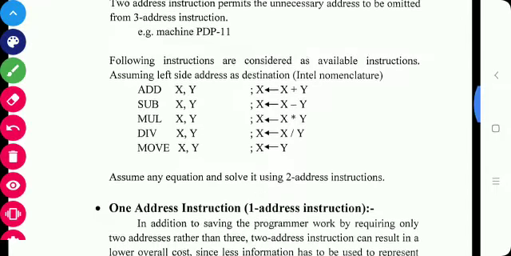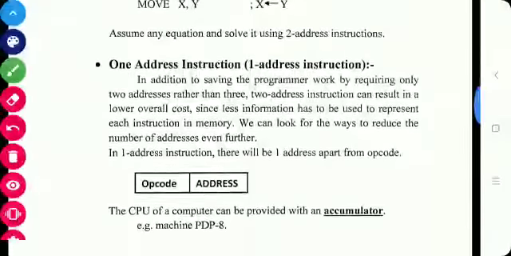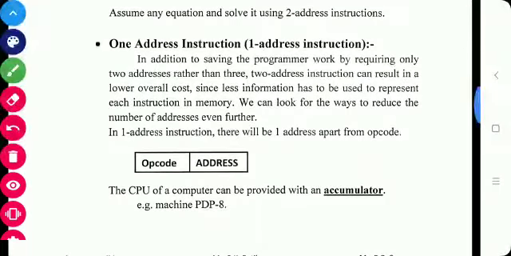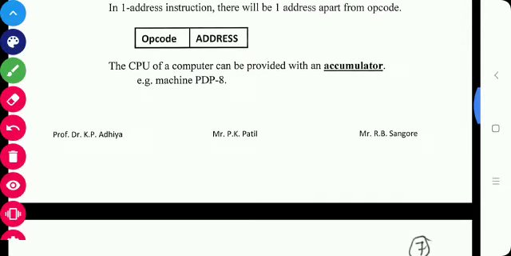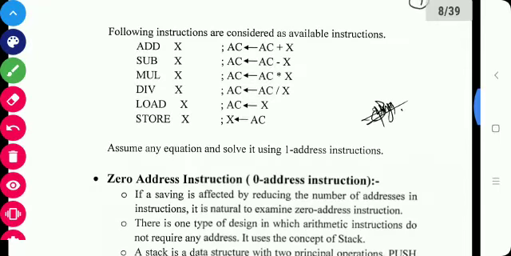Then one address instructions. For the cost reason, 3 address instructions are replaced by 2 address instructions, and the 2 address instructions are replaced by the 1 address instruction, where there is only 1 address. So the example of this is add x. Here for the 1 address instruction, one of the operands is in the accumulator, the special register which is provided in the machine, that is called the accumulator.